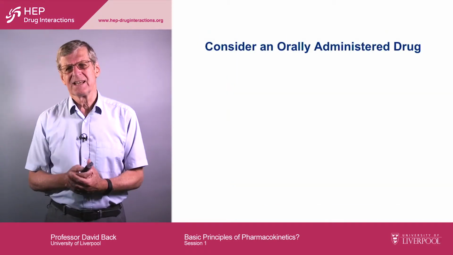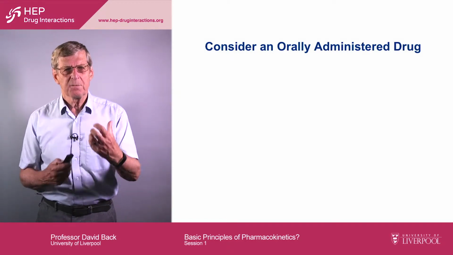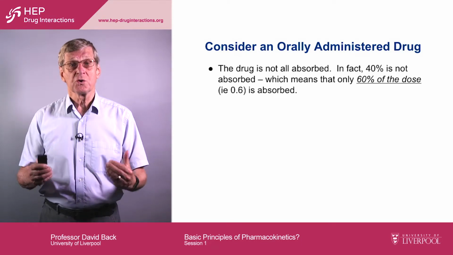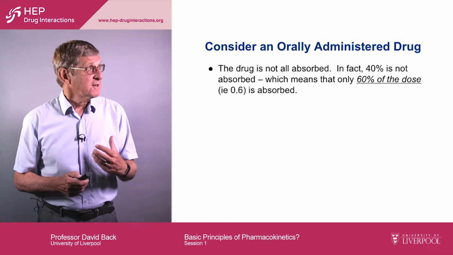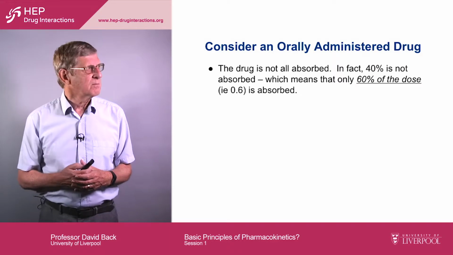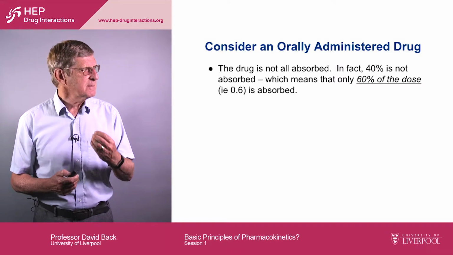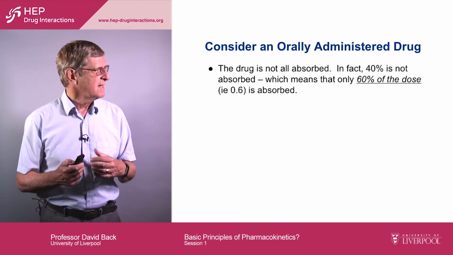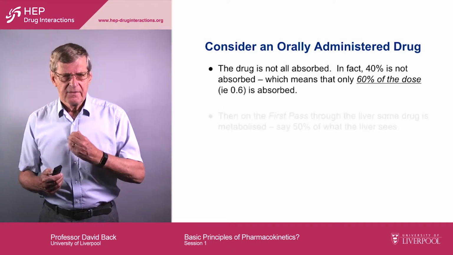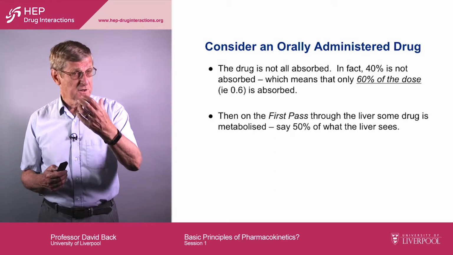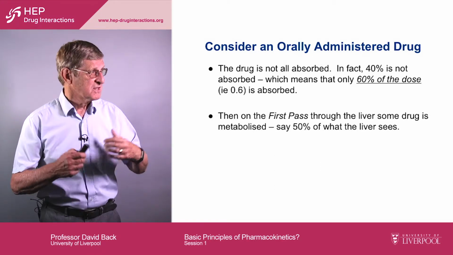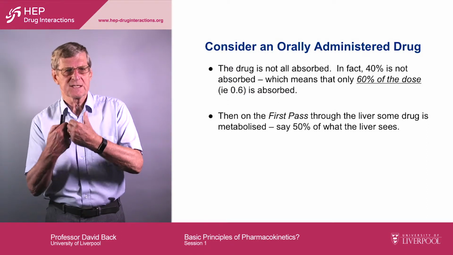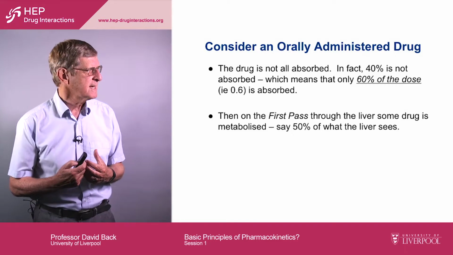So let's just consider an example which might help us go through stage by stage. Let's assume the drug is not all absorbed. In fact, 40% is not absorbed, we'll assume, which means that only 60% of the dose, or the fraction of the dose, 0.6, is actually absorbed. Then as it's absorbed, it hits the liver on the first time. When it hits the liver, some of the drug may be metabolized. Let's say 50% of what the liver is seeing is immediately broken down.